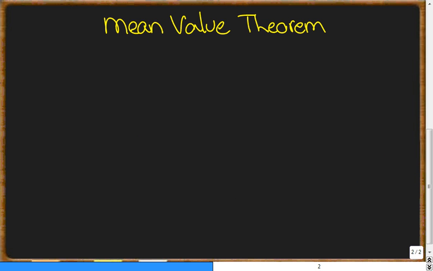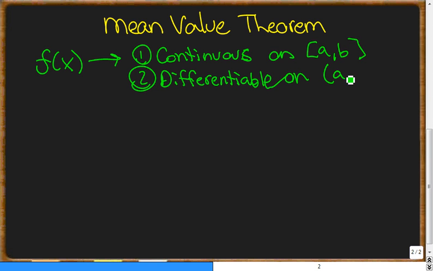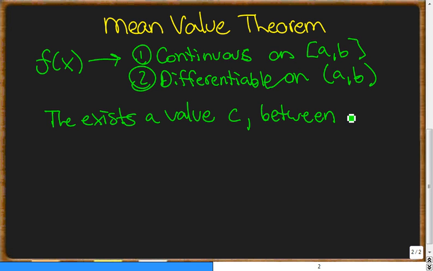Now the mean value theorem is much better. The mean value theorem says that if we have a function f of x, and just like before, we need it to be continuous on the closed interval a to b, and we need it to also be differentiable on the open interval a to b, then basically what it says is that there exists a value c between A and B such that the following occurs.